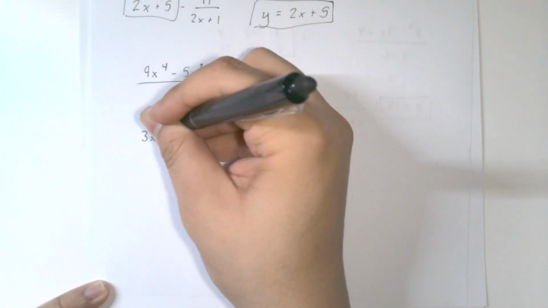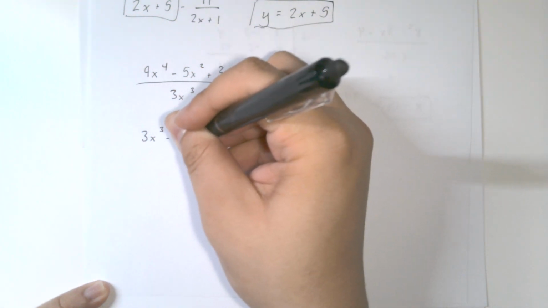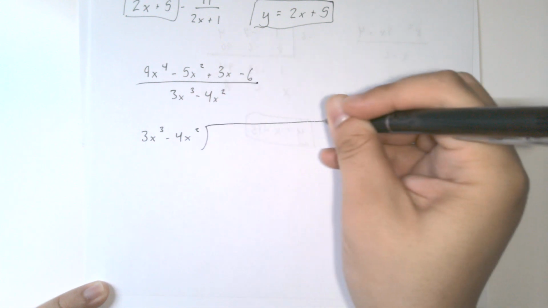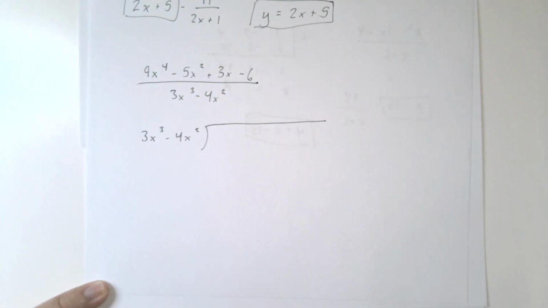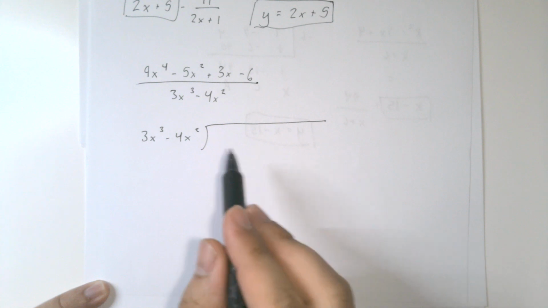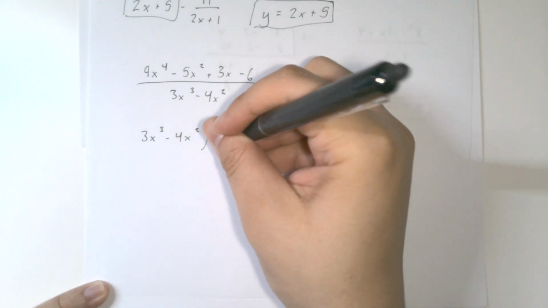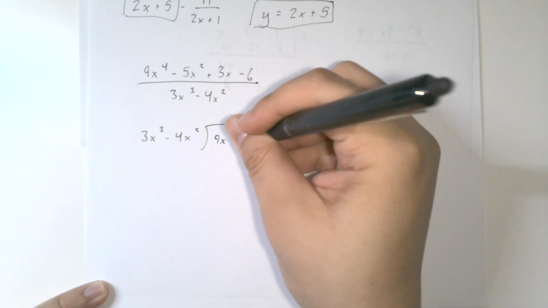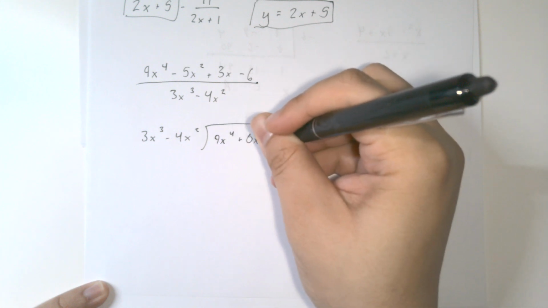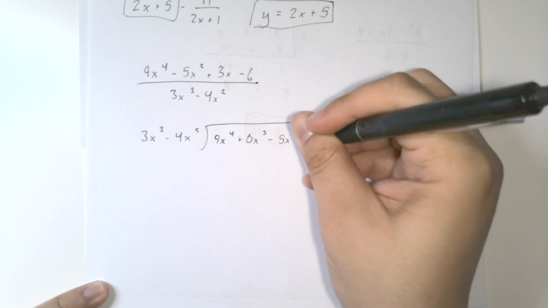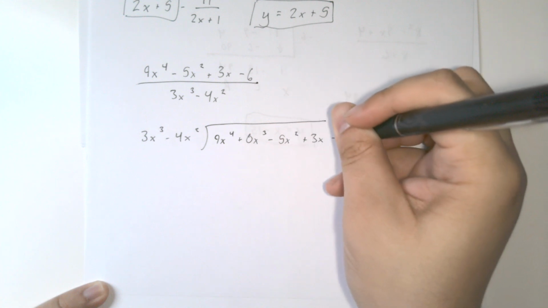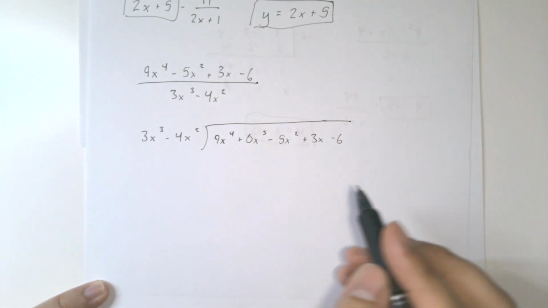So we'll have our 3x cubed minus 4x squared, but inside we have 9x to the fourth plus 0x cubed minus 5x squared plus 3x minus 6.